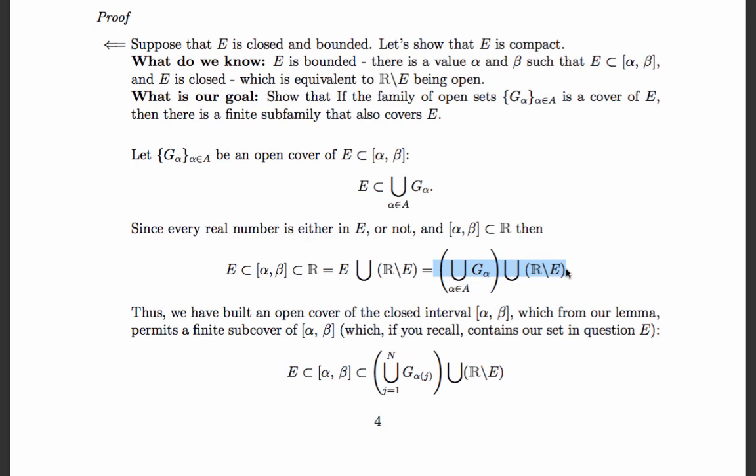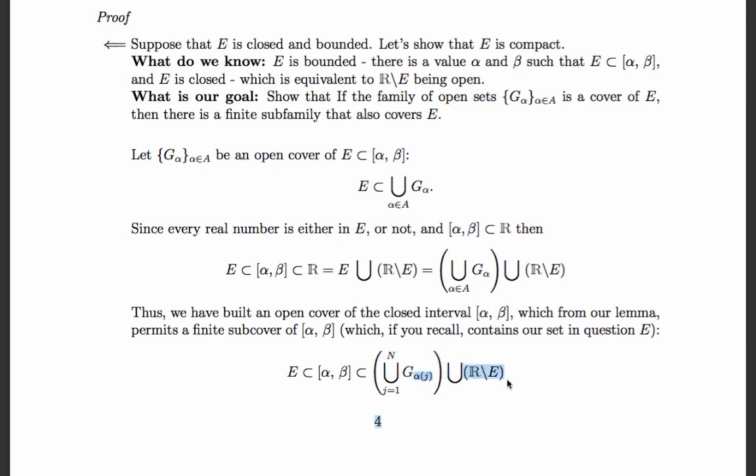Therefore, I could take a finite subset of the open sets, right? Here's one open set, and then here's a family of open sets. Okay? So I can take a finite subset of these and this and get myself a finite subcover of the closed interval alpha to beta, which of course contains E. Now, we're not done because I need to show E is contained in a finite subcover of G alpha.